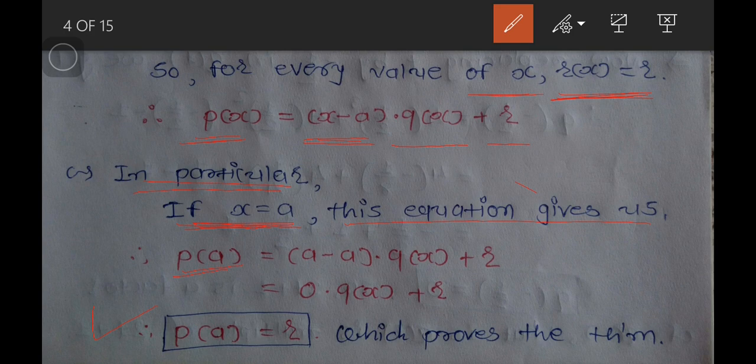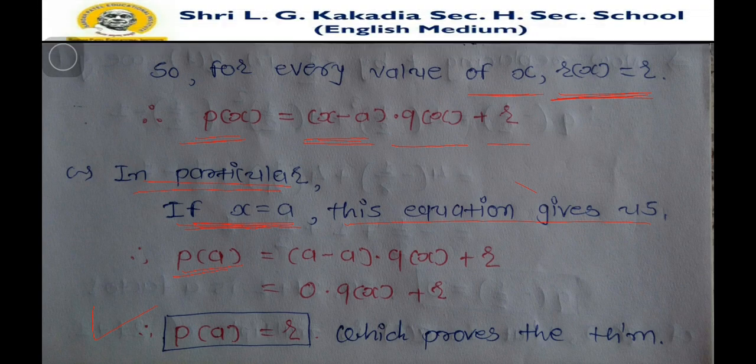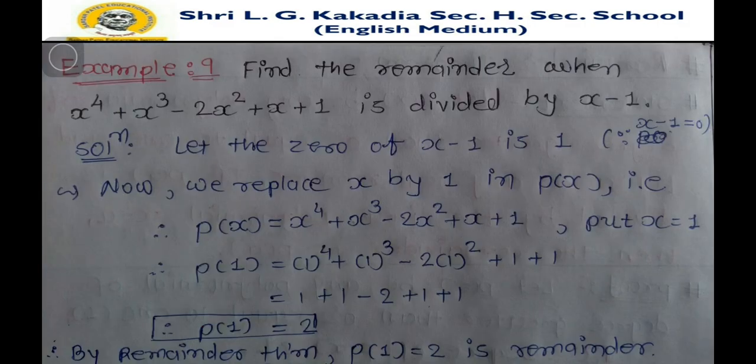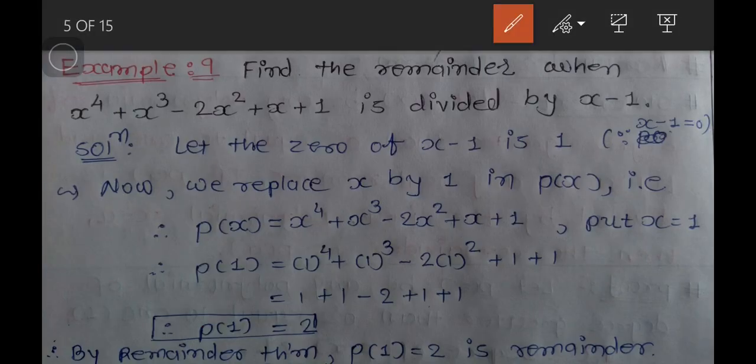Now let me explain the use of this remainder theorem. How can we find the remainder by a direct process by this? So let us understand by example. So here is given example number 9. What is example number 9? That is, we read, find the remainder when x raised to 4 plus x cube minus 2x square plus x plus 1 is divided by x minus 1.